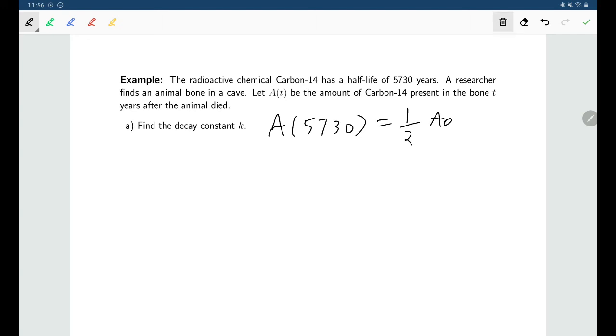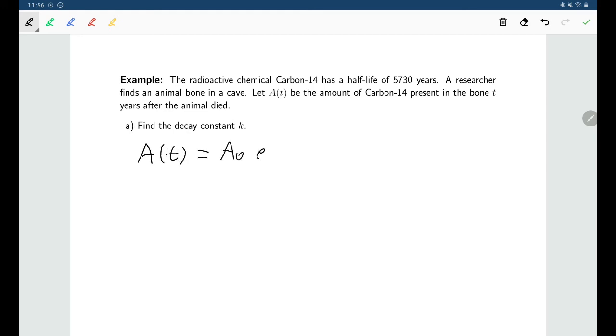And so we're going to use that idea to find out what is our growth constant, because we know that A of t is our original amount times e to the kt, and that when time is equal to 5,730, the amount of carbon you'll have should be half of the original amount.